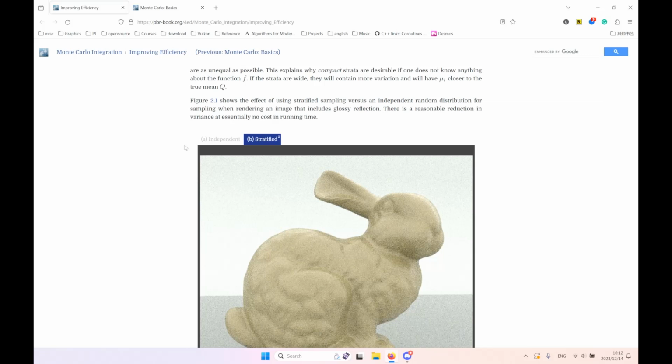Really, a downside of stratified sampling that the book doesn't talk about but matters a lot in real time is that you need to take a lot of samples at once. For example, if you subdivide your pixel into 16 grids, you need to sample all of them at once. So that can be 16 times more expensive for real time.